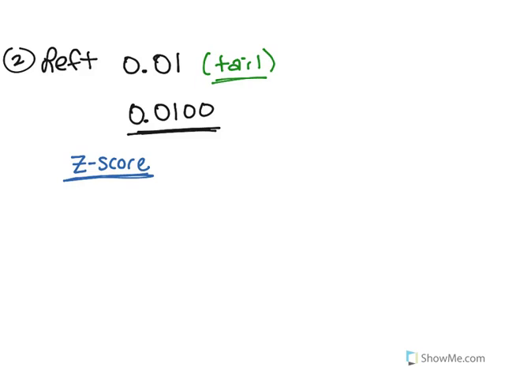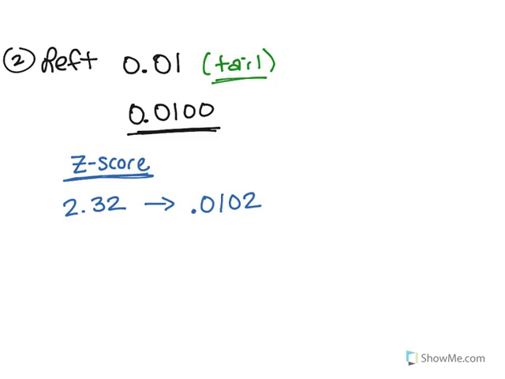The first number in the 100 range is 0.0102, and that goes with the z-score 2.32.